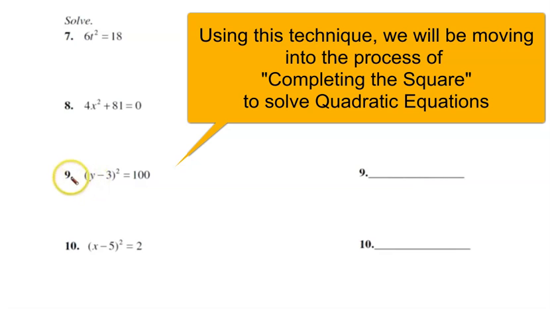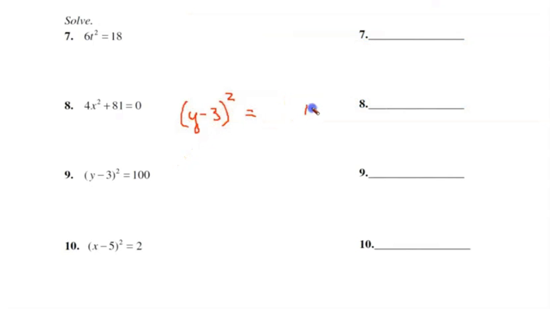Now, in number 9, this is building us up to what we're going to do shortly. Here we have a binomial that's squared. So we're going to use the same principle. So we're going to take the square root of this side. That just gives us the radicand.